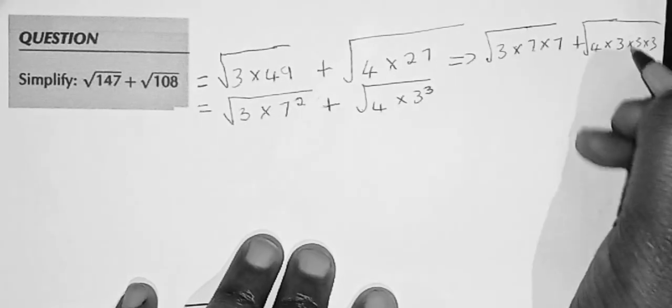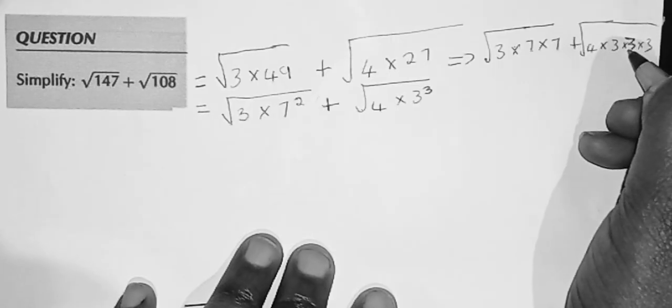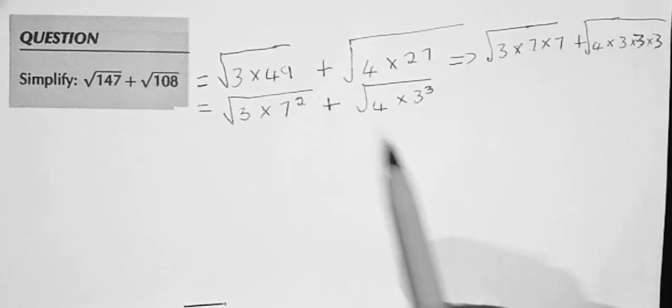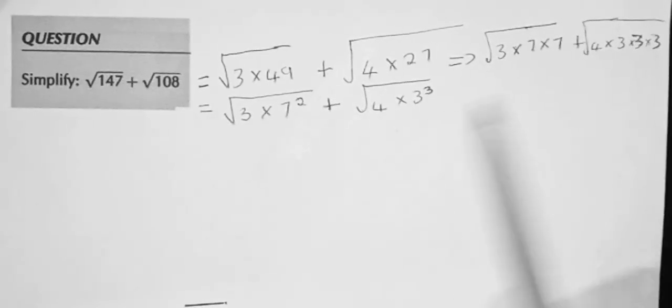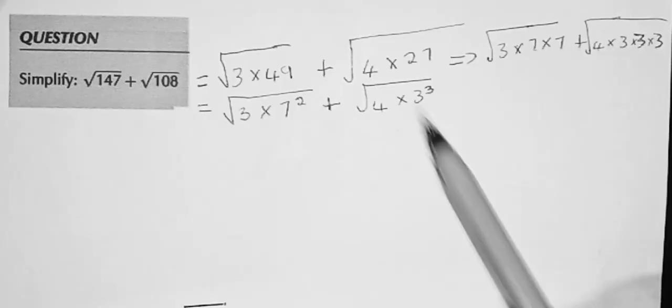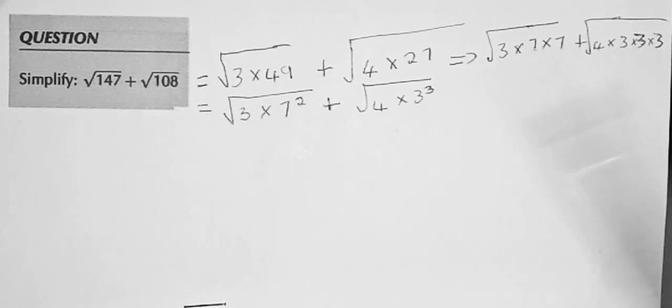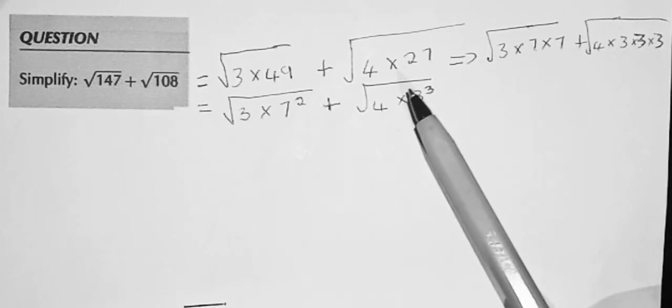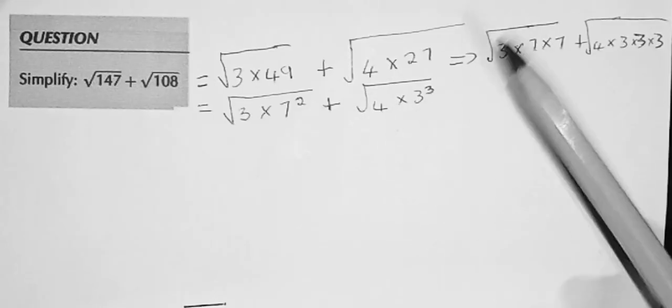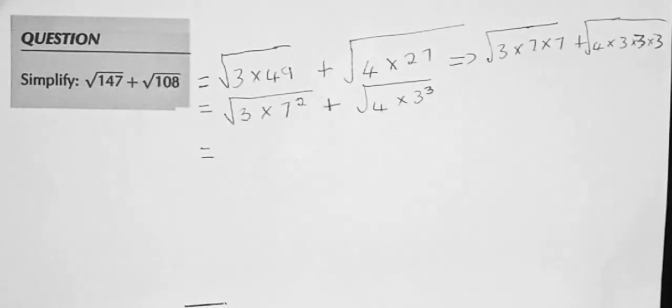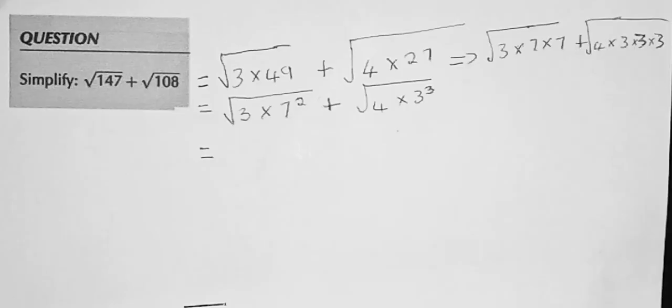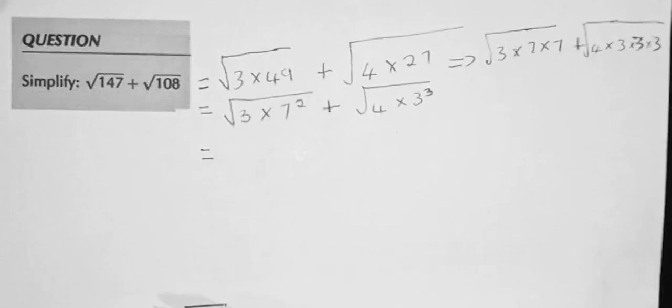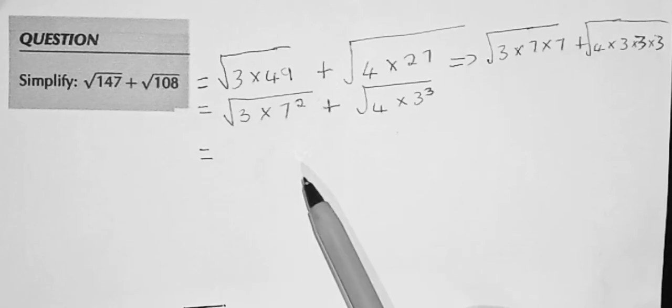Okay, so because we know that this is because of this, and this is also this, what is going to happen now? There's a degree here, the same degree.